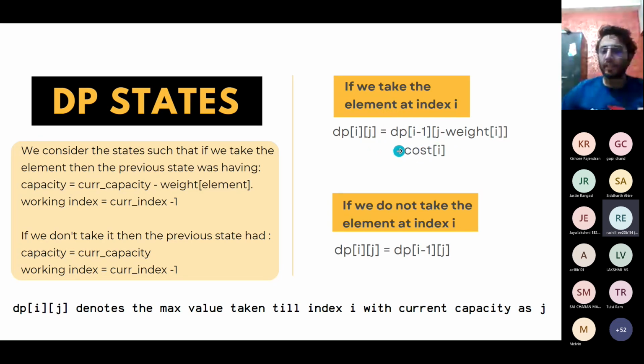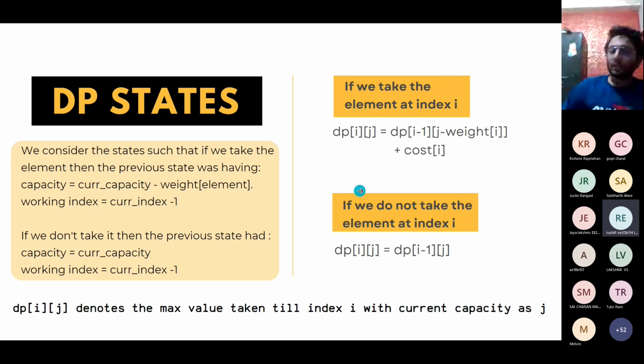The cost of i is the answer that I'm getting because I'm taking the ith item, so I'm incrementing my cost by this factor. Since I have chosen the ith item, the maximum possible weight that I can carry gets reduced to j minus the weight of the ith item, and my index i shifts one to the left.